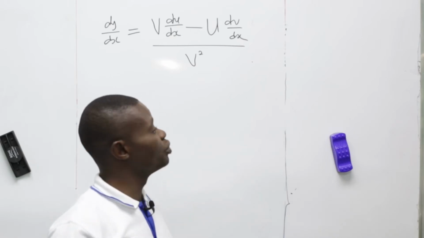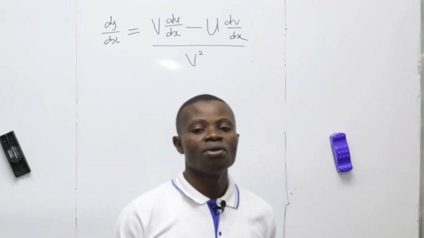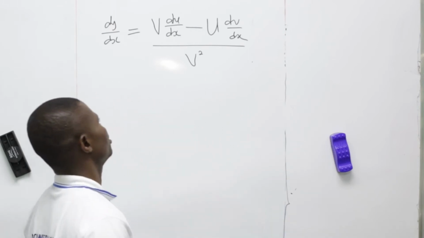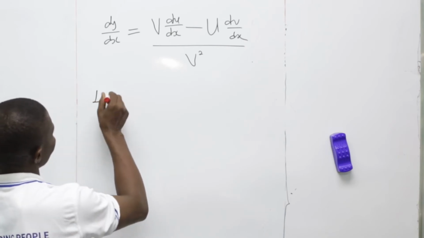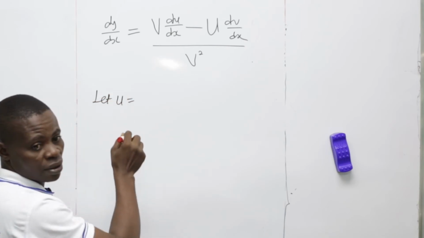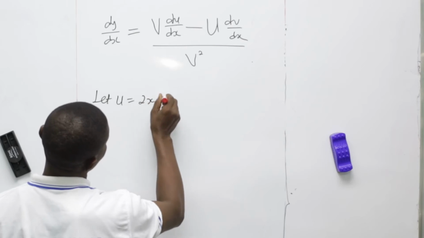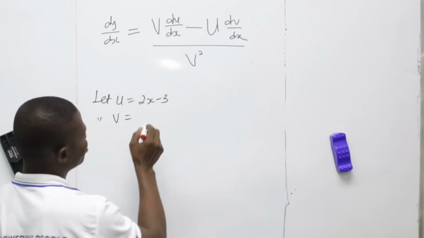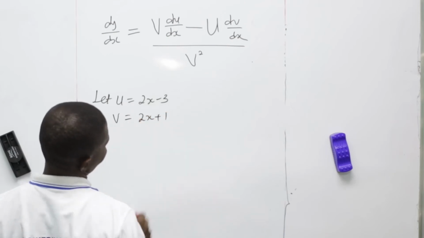Now, in quotient rule, the numerator is our u, while the denominator is our v. Take note of that. So, let u equals 2x minus 3, and let v equals 2x plus 1.